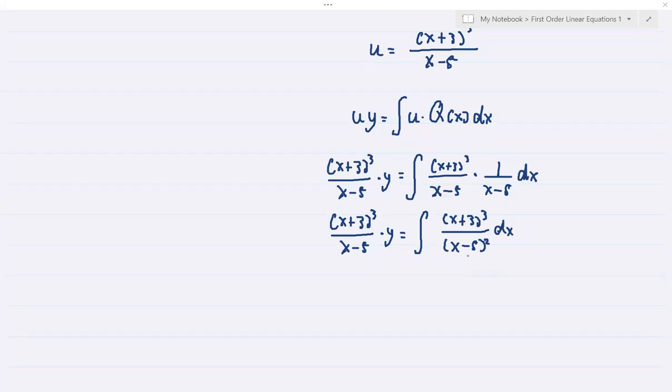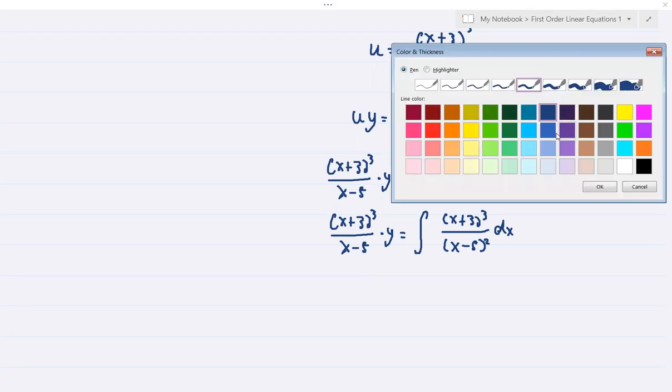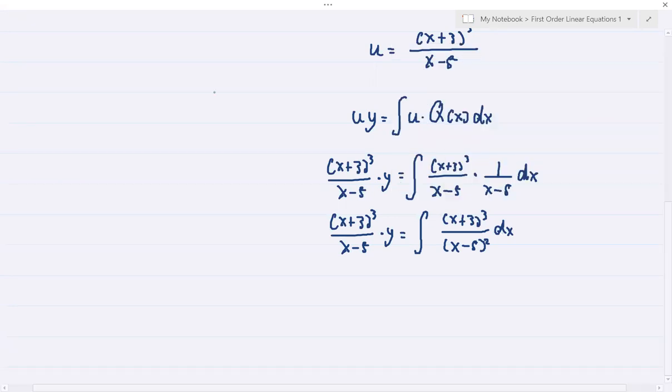Because as you can see, the degree of the numerator is higher than the degree in your denominator, you need to simplify this one. Then after you simplify this one, you can apply partial fractions. Now let's get the integral for this one.